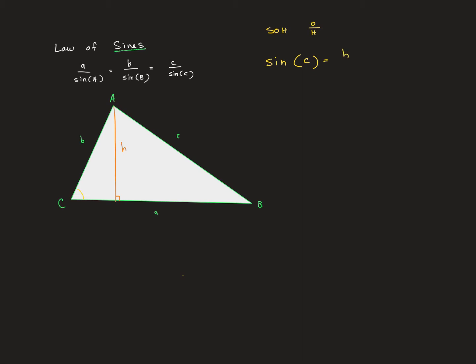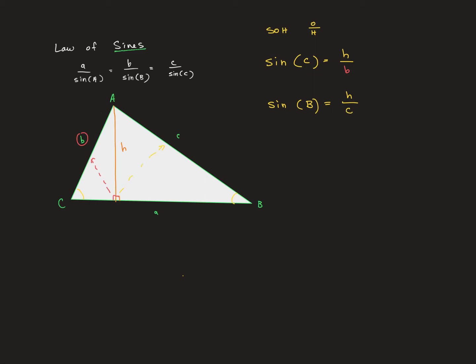Sine of C is actually height over my hypotenuse, which in this case is B, opposite the right angle, H over side B. And if I look at my sine of angle B here, same thing happens. My height is my opposite, and my side C is my hypotenuse.